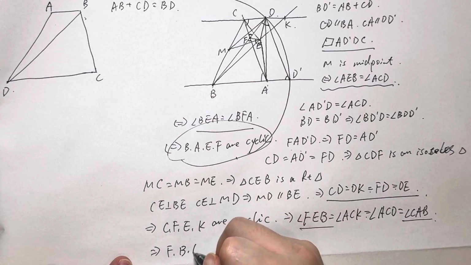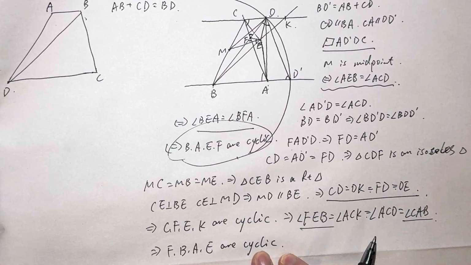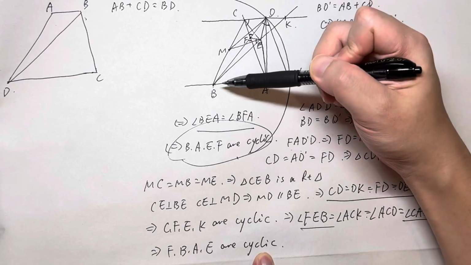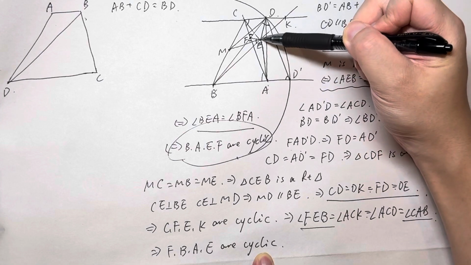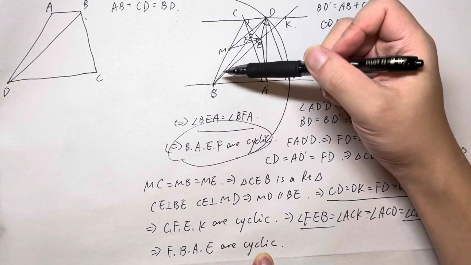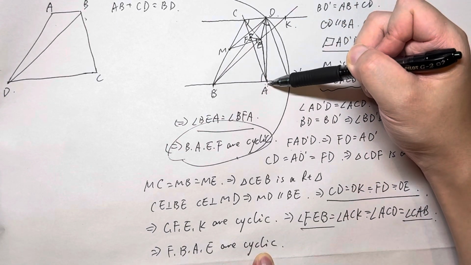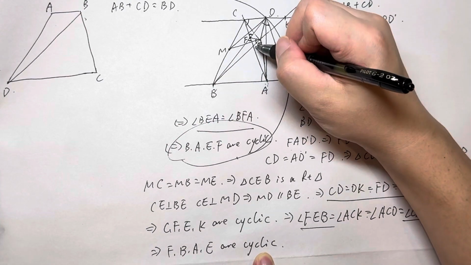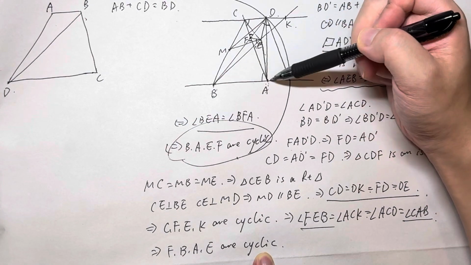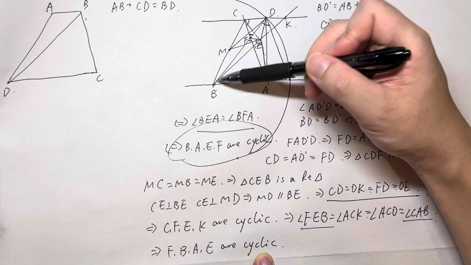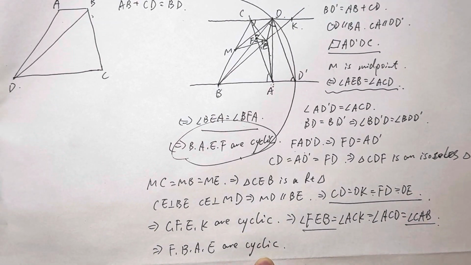When FBAE are cyclic, it's certain that angle BFA equals angle BEA, right? And because angle BFA equals angle ACD, the angle BEA equals angle ACD. We finish our proof.